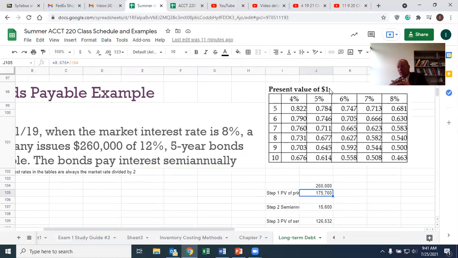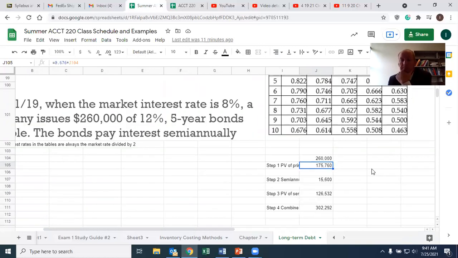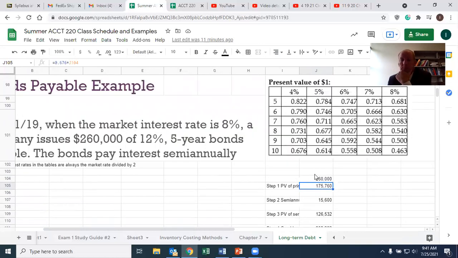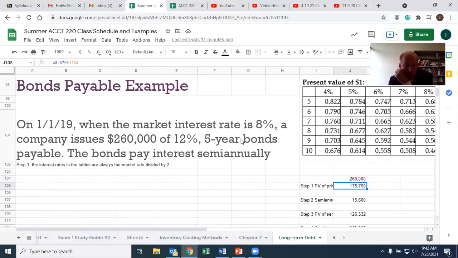Essentially what that's saying is, $260,000 today is worth $260,000, but 5 years from now, it wouldn't be worth $260,000. It would be worth less. Hopefully that makes sense.